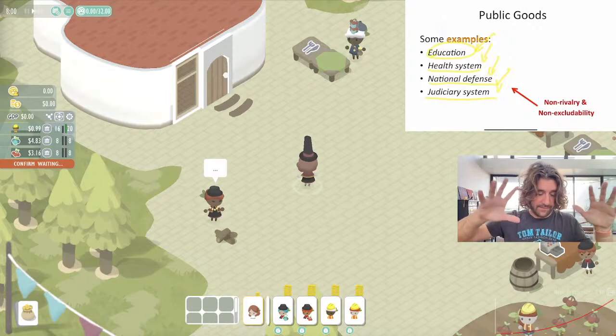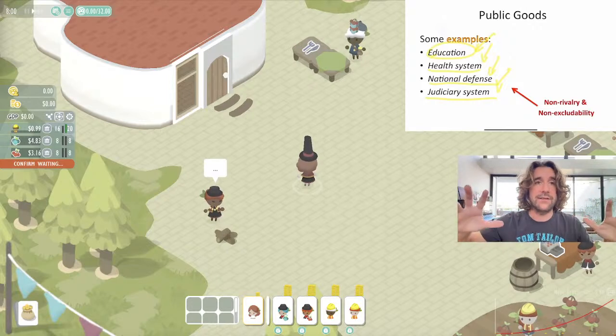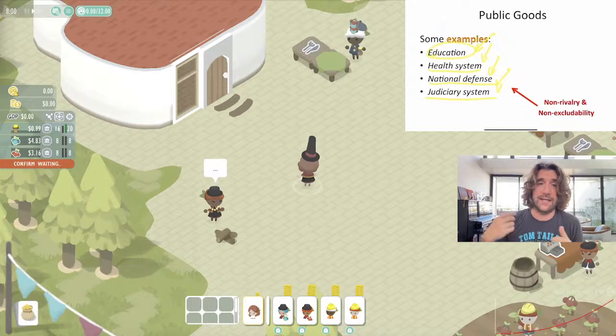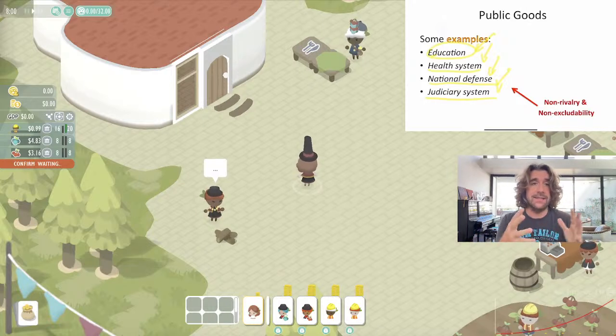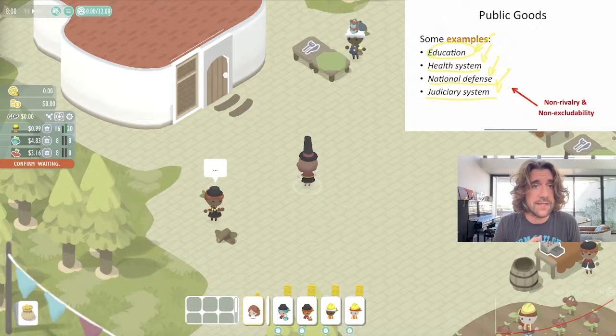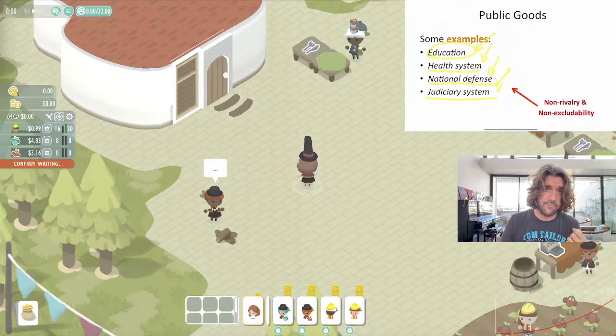If the national defense applies to the whole country, it's not possible to exclude people from benefiting from it. It's also non-rivalrous. Protecting me from an attack in Sydney does not really reduce the beneficial effect of that protection for someone else living in Sydney. So very different concept relative to the red berry, blueberries that we've seen so far, which were instead private goods.